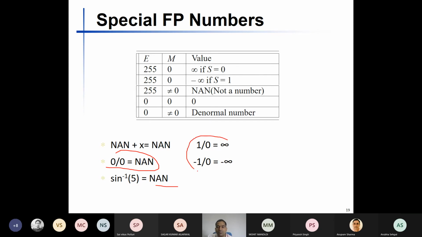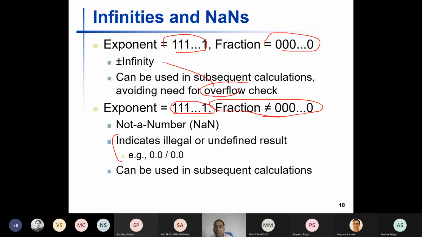And if you get a very, very large number, that is represented as infinity. So again, you also have to memorize these two cases. Exponent all 1 and fraction all 0 is infinity. Exponent all 1 and fraction not all 0 is NaN.